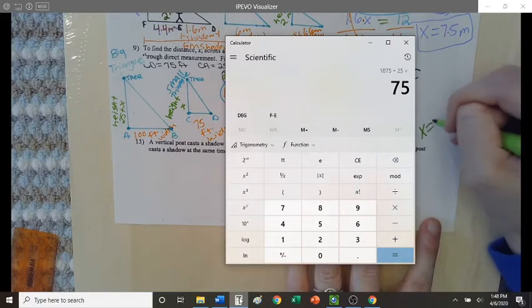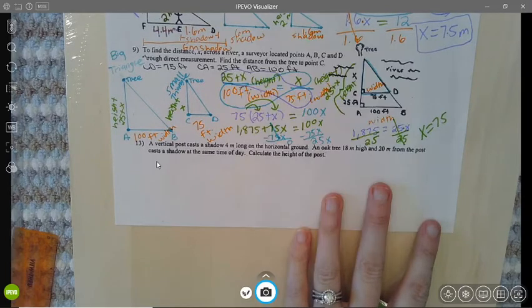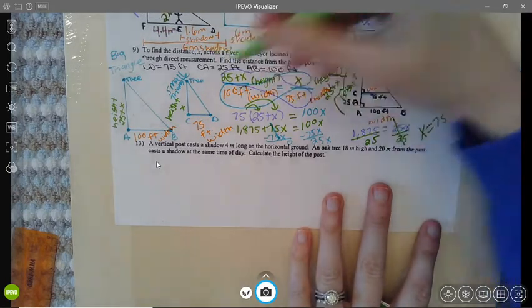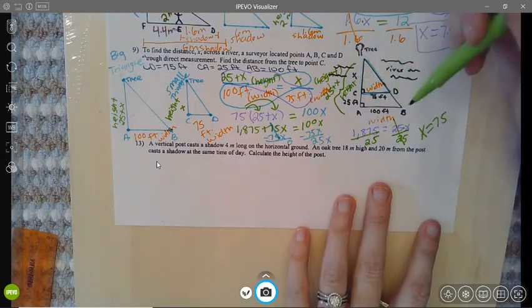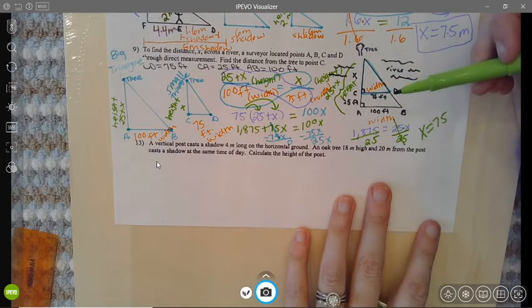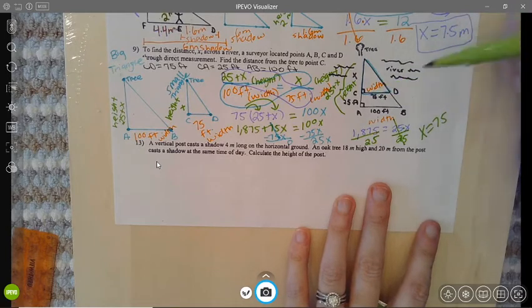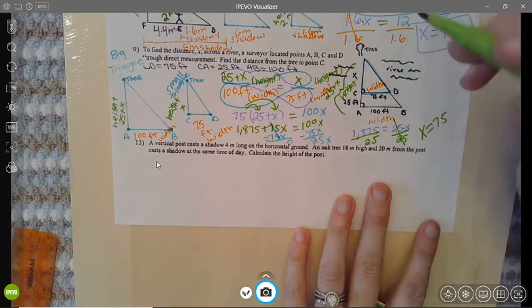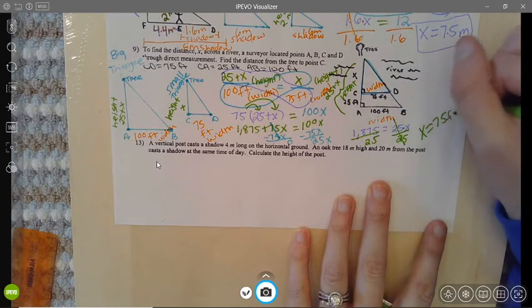So x is 75, but 75 what, you guys? What are the units for this problem? What did the surveyor measure? What units did the surveyor use when measuring the different widths and heights of these two triangles? The surveyor did measure them in feet, so it'd be 75 feet.